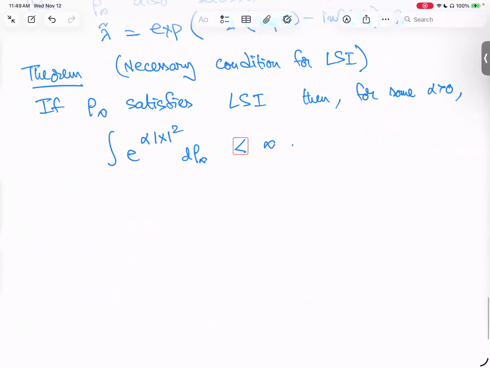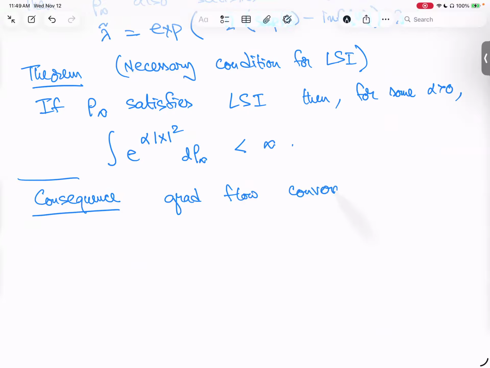So a consequence of LSI is that the gradient flow converges at an exponential rate lambda.